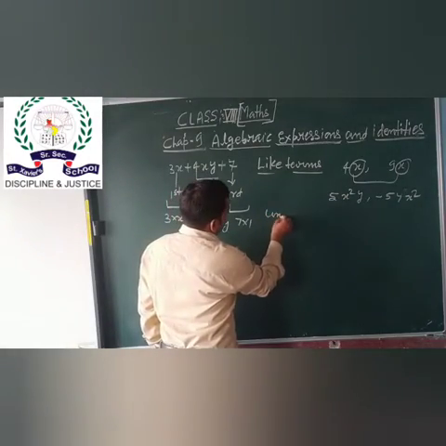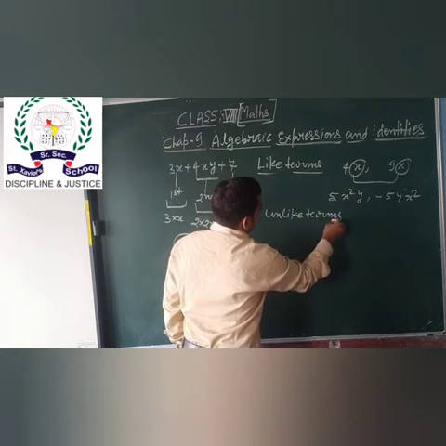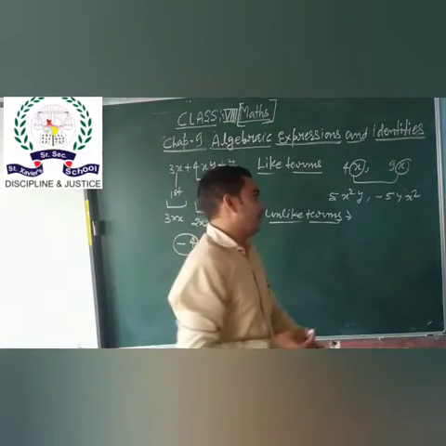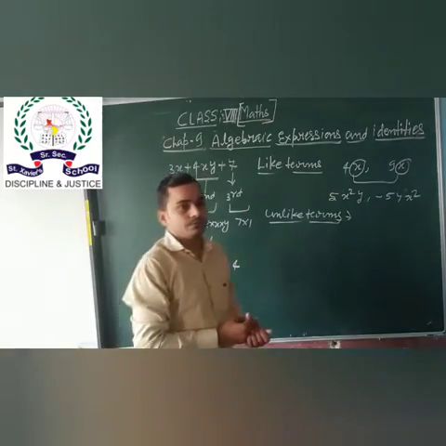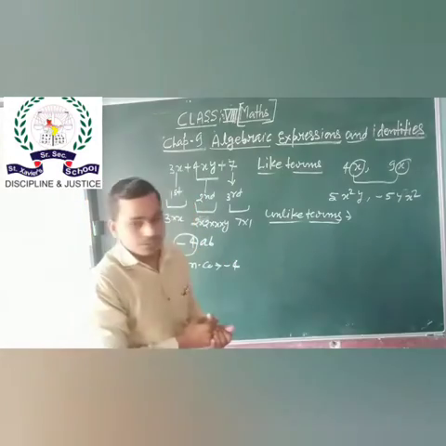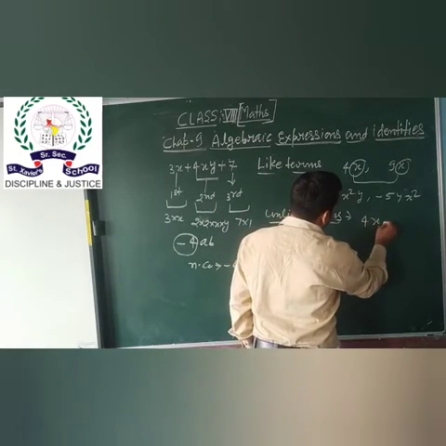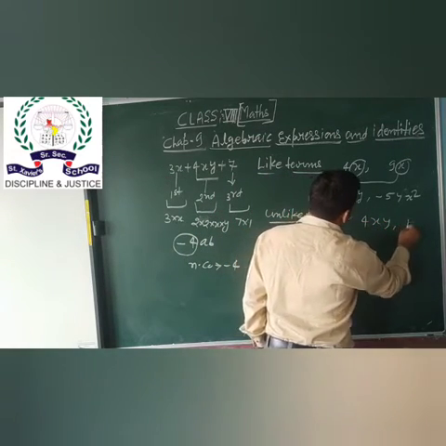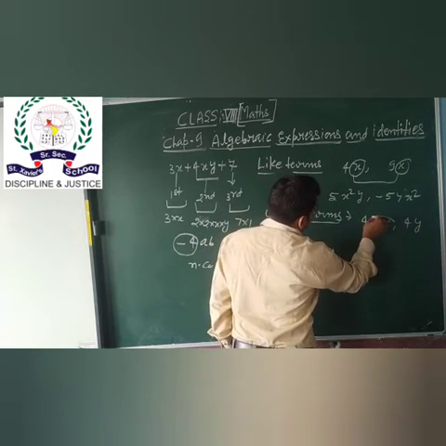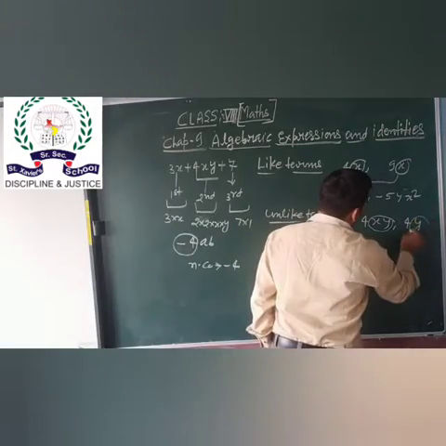Then unlike terms, the opposite of like. That means we have different variables and powers in the expressions. For example, 4xy and 4y. In this term we have the variables x and y, and in this term we have the variable y.